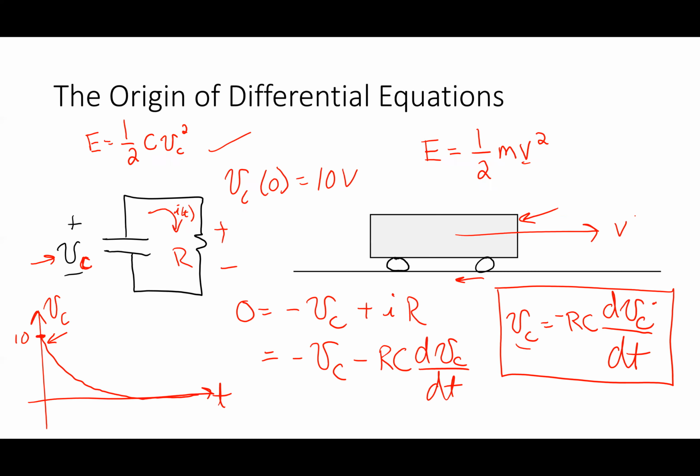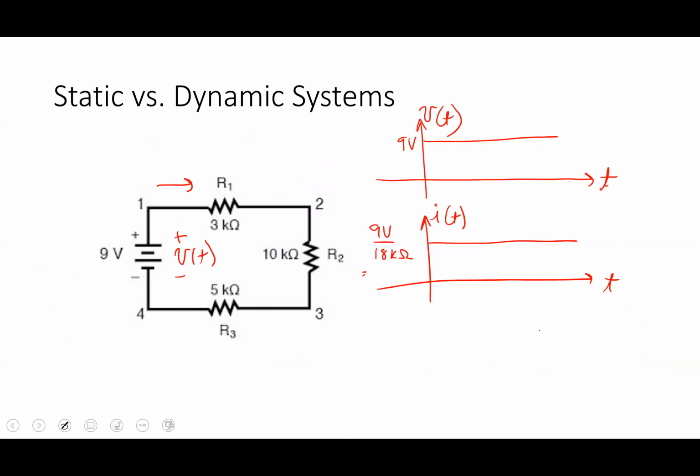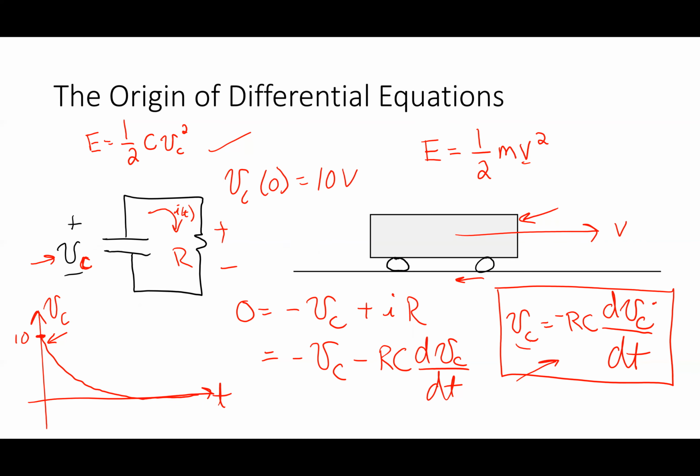So this is where this manifests itself in any system. The voltage that's stored on a capacitor doesn't just appear like in this case, where the voltage is equal to I times R. If I turn the voltage on, the current appears. In this particular case, if I had a circuit like this one, and I applied 9 volts to this RC circuit, that capacitor is going to get to 9 volts, but it can't do it right away, right?